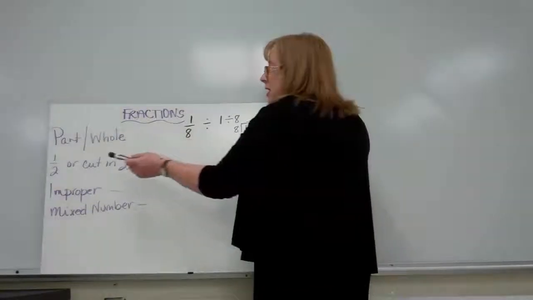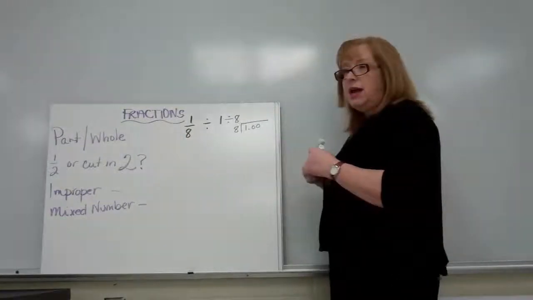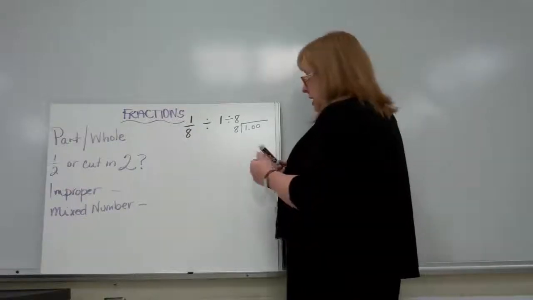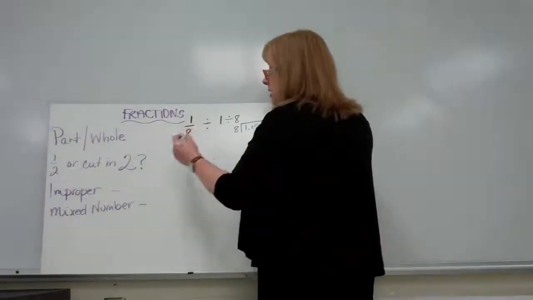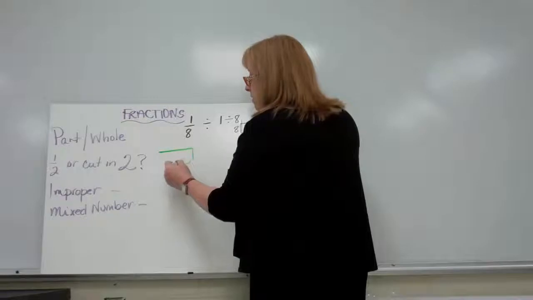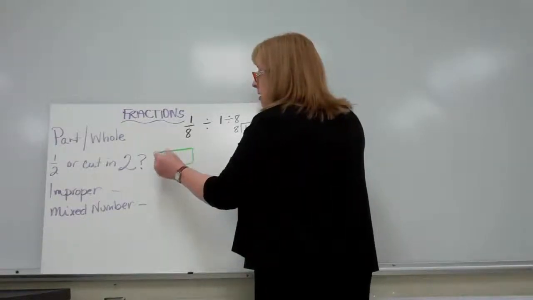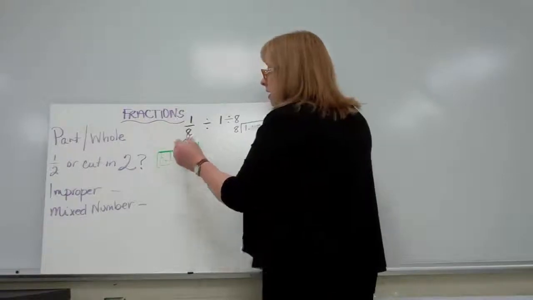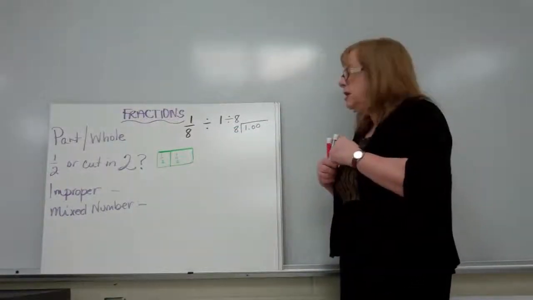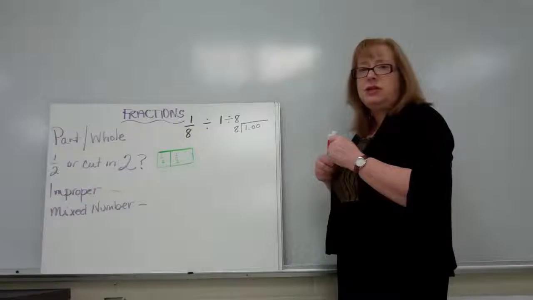Now, is it a half or is it cut in 2? Realize that just because you cut something into pieces doesn't mean it's a half. If I have whatever that is and cut it here, is that a half and that a half? It's one of 2 pieces. No, because they're very different in size.